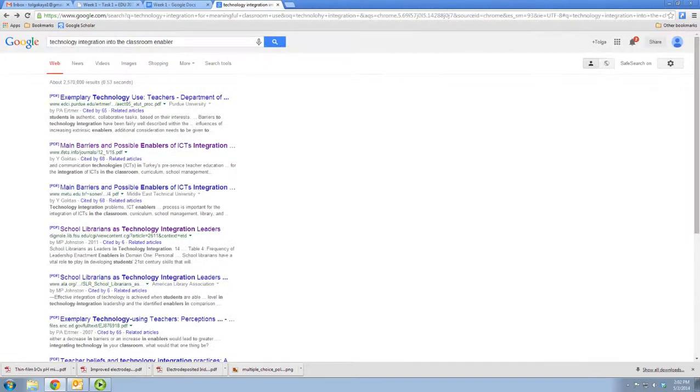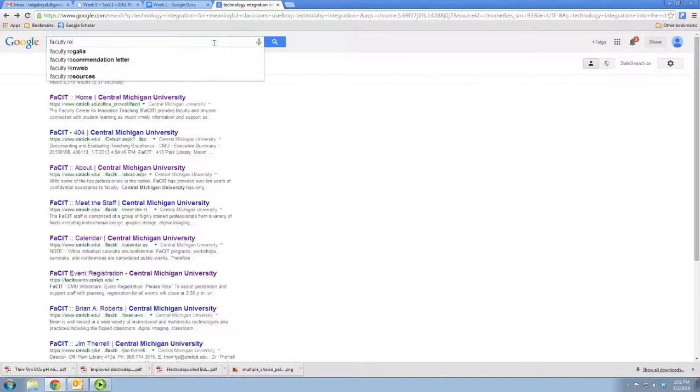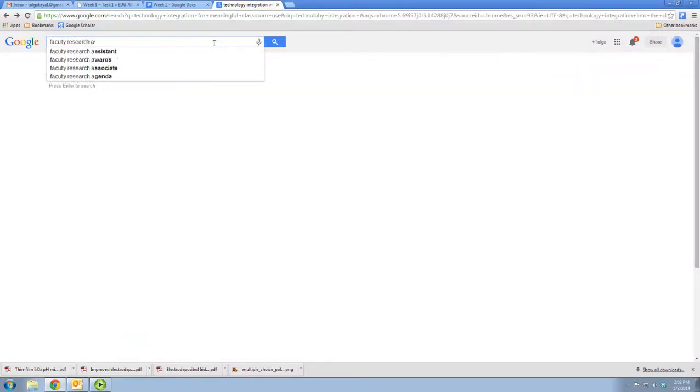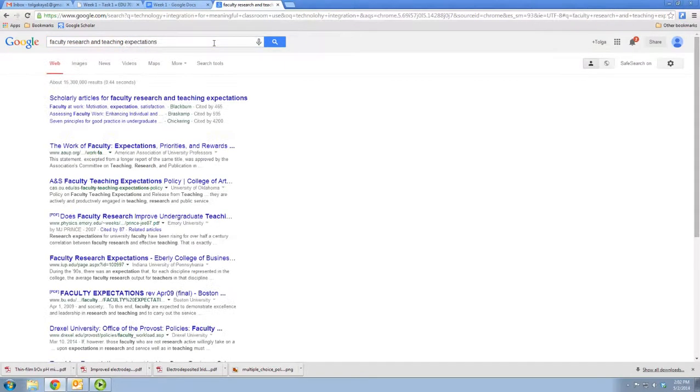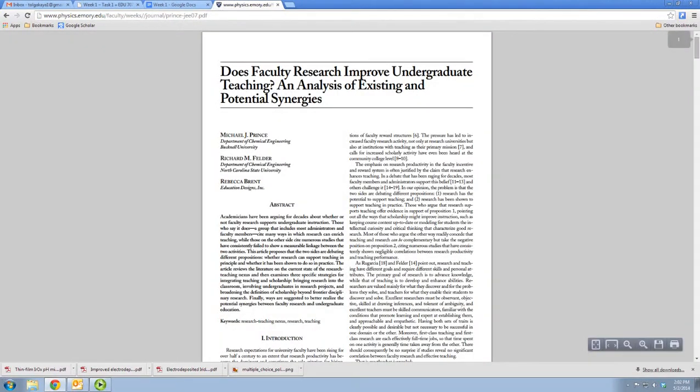I'm actually curious about this. Faculty, research, and teaching expectations. Does faculty research improve undergraduate teaching? Did I say this before?